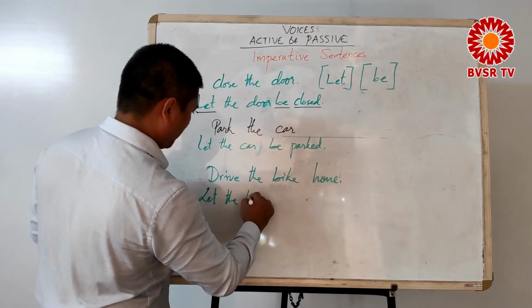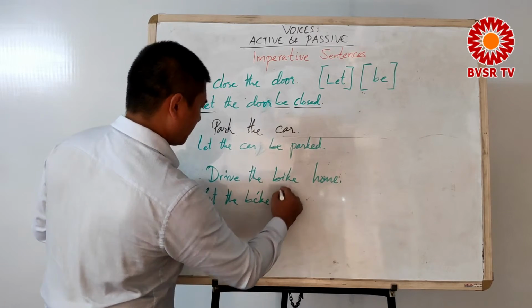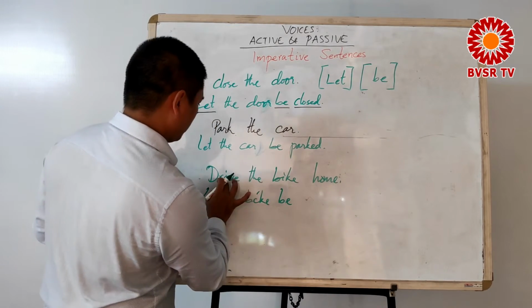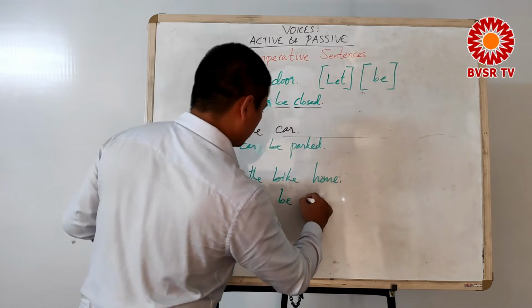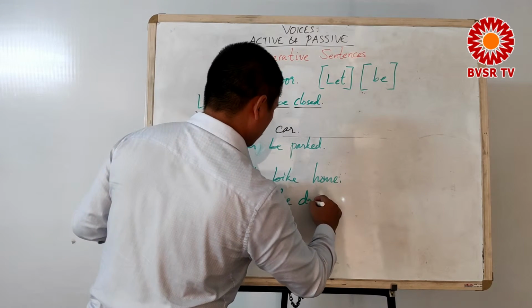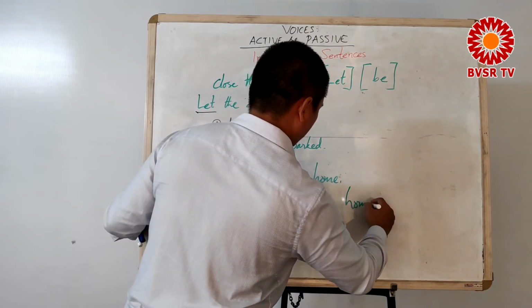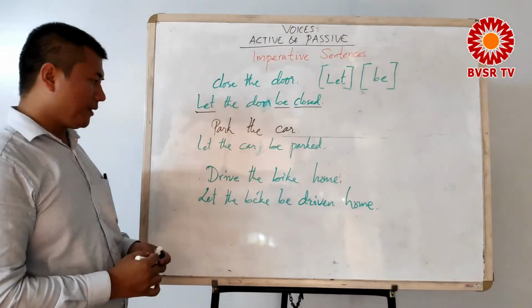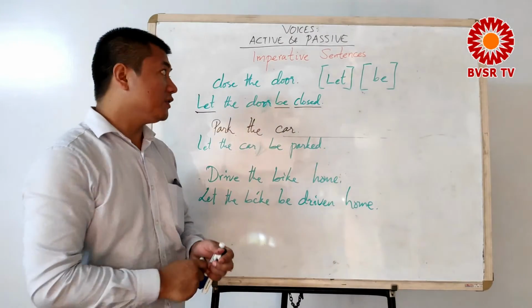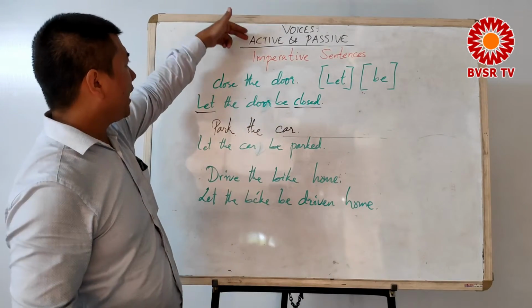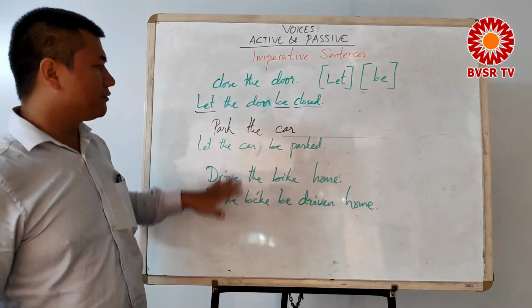Let the bike be, drive into V3 will be driven, home. So let the bike be driven home. So this is how we convert active voice into passive voice of imperative sentences.